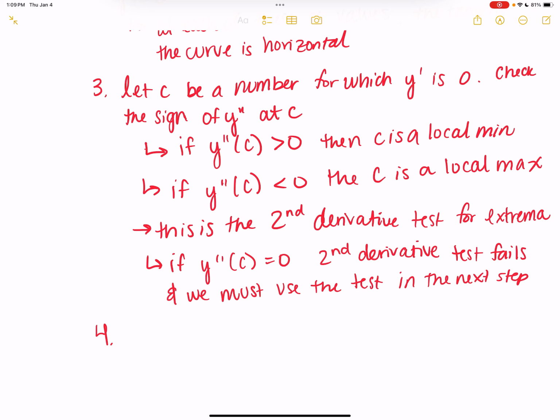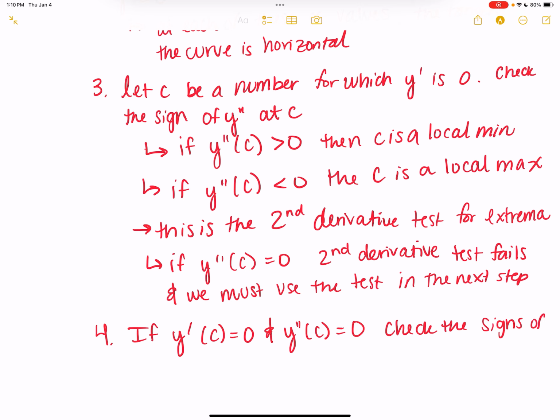So if y prime of c is equal to 0 and y double prime of c is equal to 0, so if the first and second derivative are both equal to 0, we are going to check the signs of y prime as x increases through c.